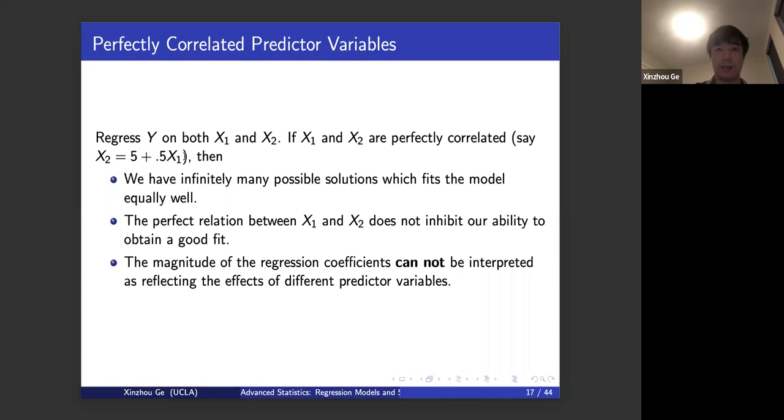The key is that there will be no errors. So we can always get the exact value of x2 from the value of x1. In this case, the linear regression model will have infinitely many possible solutions, which fit the model equally well. So we will not have one single solution to the model.